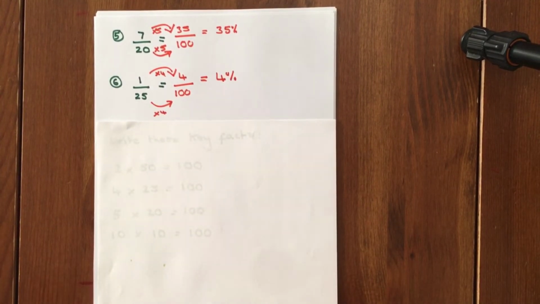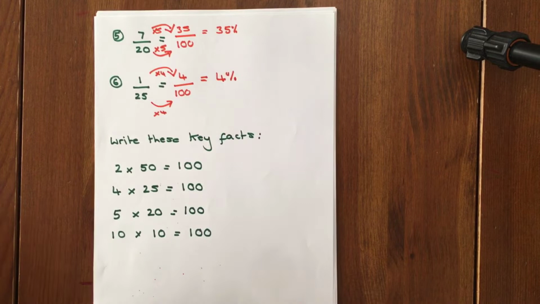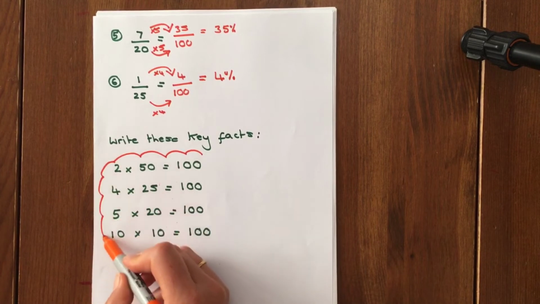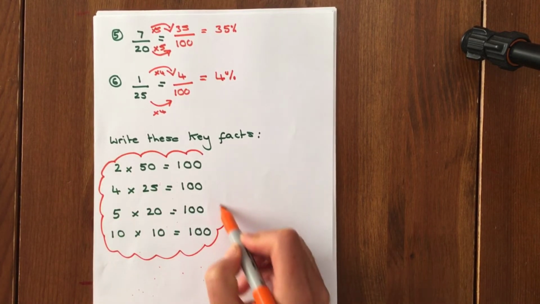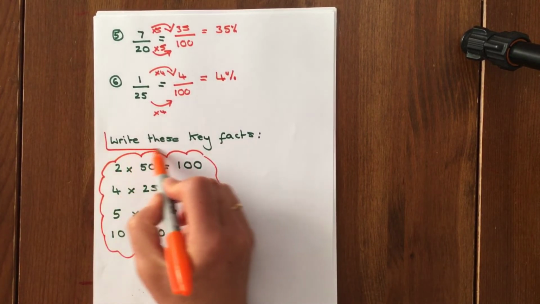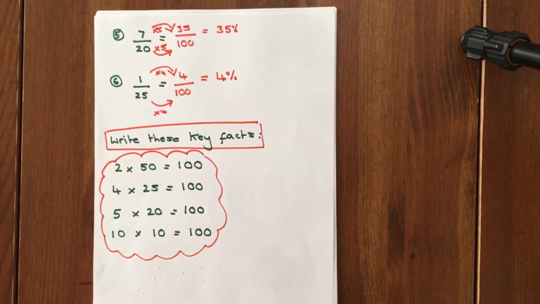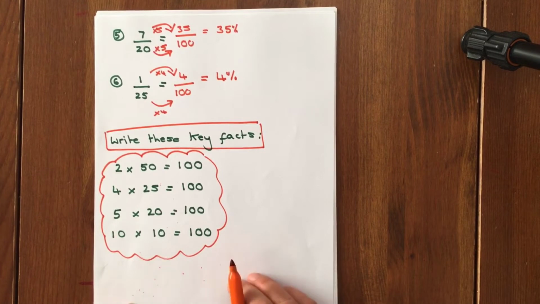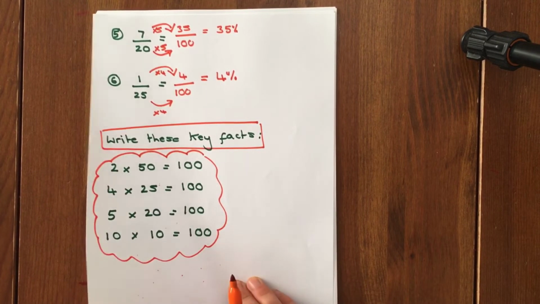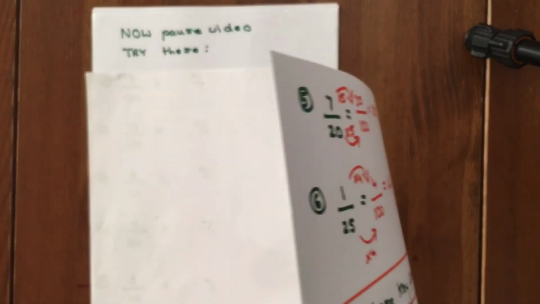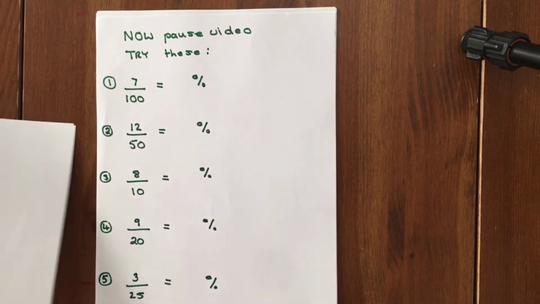So that's the last example, and I want you to write these important key facts down. These ones here, bubble it in your book, okay? Pause the video and bubble it, okay? So these key facts, basically multiples to make 100. Right, so next. I'm going to ask you to pause the video now.